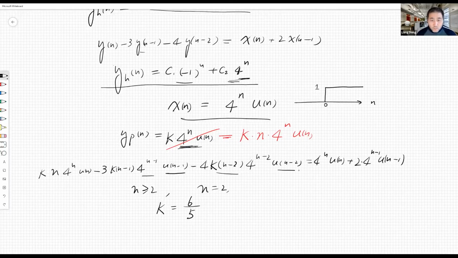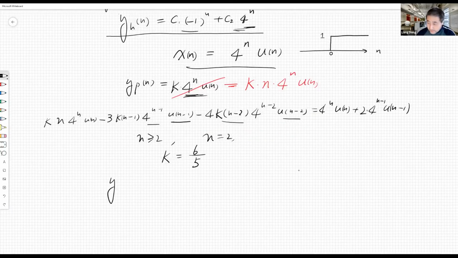Therefore, my solution is C1 times (-1) to the power n, plus C2 times 4 to the power n, plus 6 over 5 n times 4 to the power n. And of course, you can multiply the entire thing by u[n], or you can simply indicate that n is greater than or equal to 0.